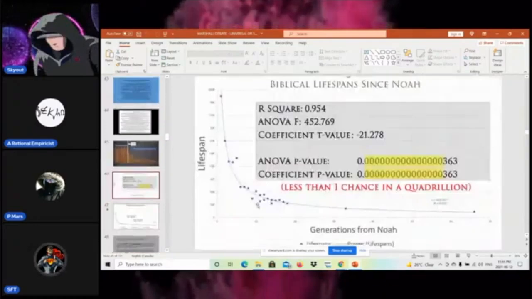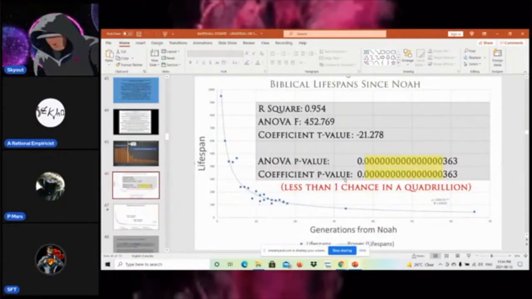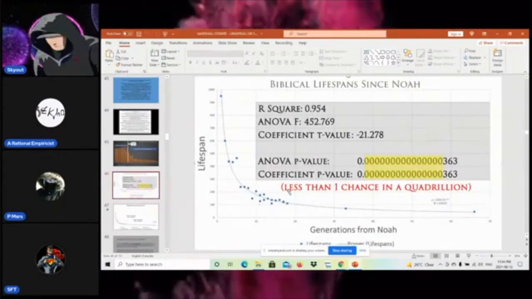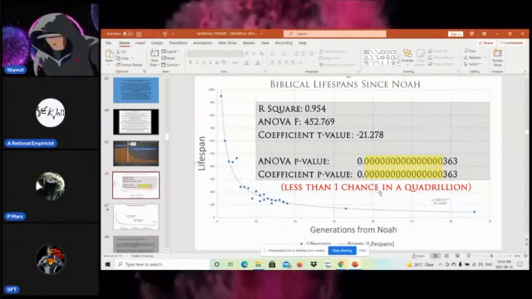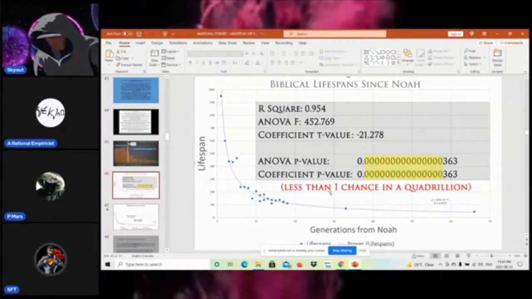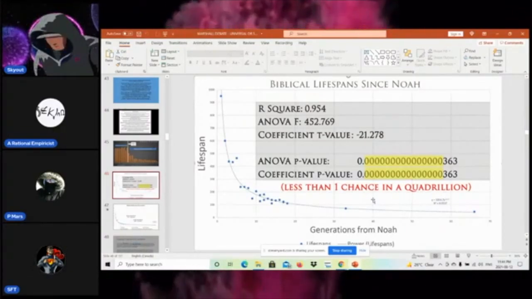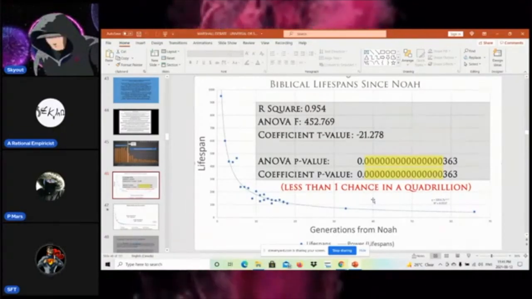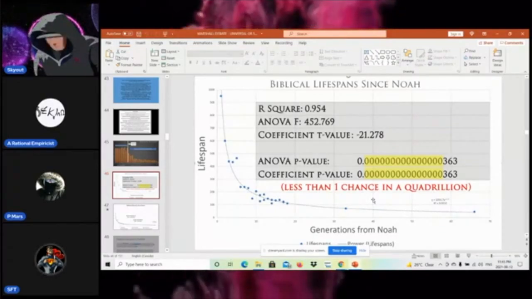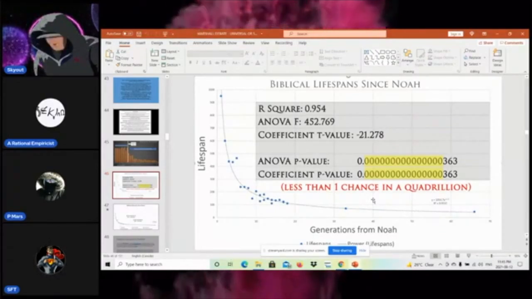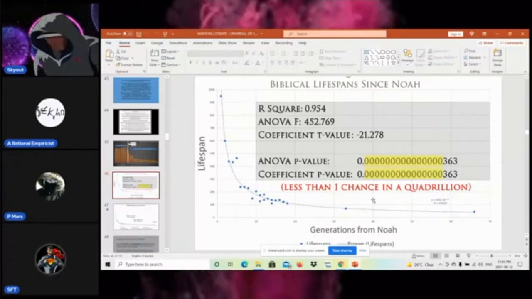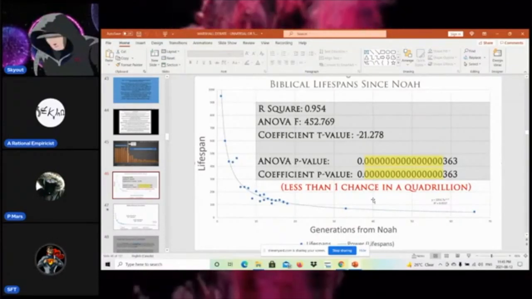And when we actually do a coefficient p-value, for this to be a coincidence, it's all been graphed out, this would be less than 1 chance in a quadrillion of being true. For the early biblical patriarchs to make this up, to perfectly fit what we know about mutation accumulation, they would have had to have advanced knowledge in biology, genetics, and mathematics.